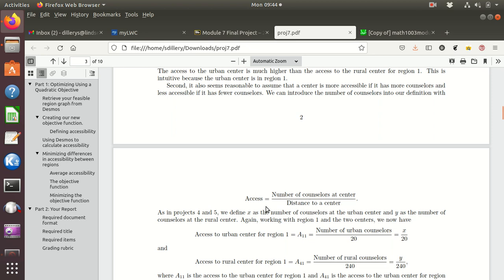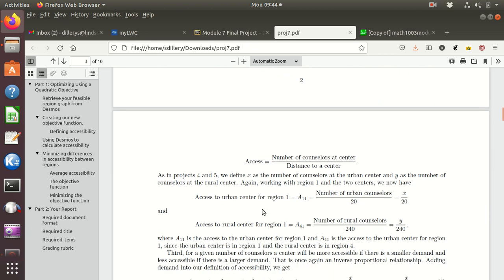So it's just saying, maybe this is how we should define access: take the number of counselors divided by the distance to the center. So again, if you look at the urban center for Region 1, you're still dividing by that 20. We're going to call it A11. Now, the first one is for the urban center. Since it's in Region 1, I thought I'd just use a 1 there.